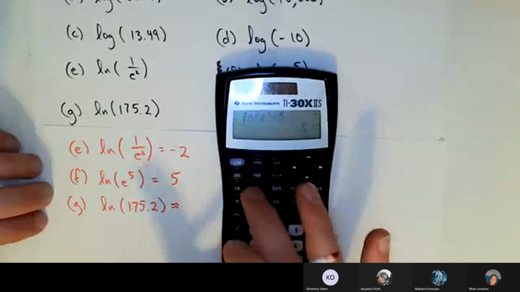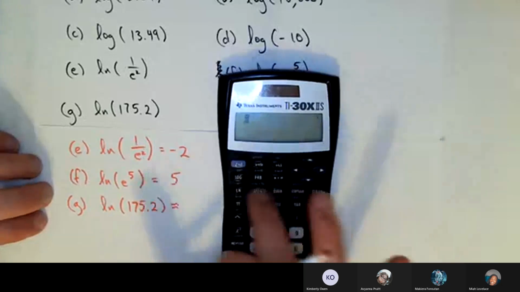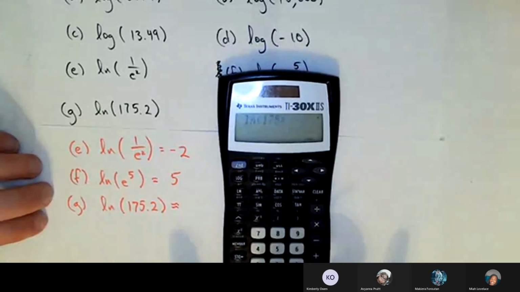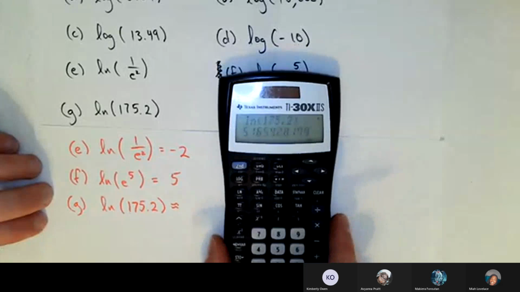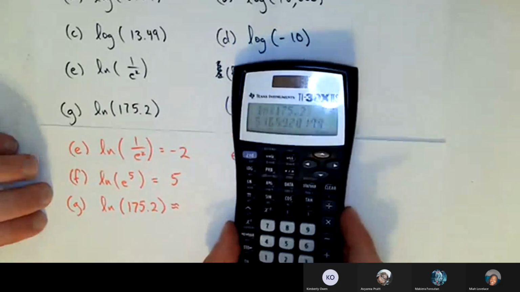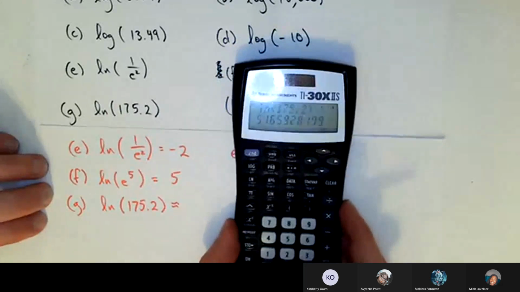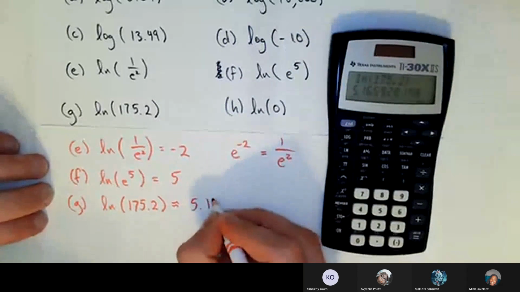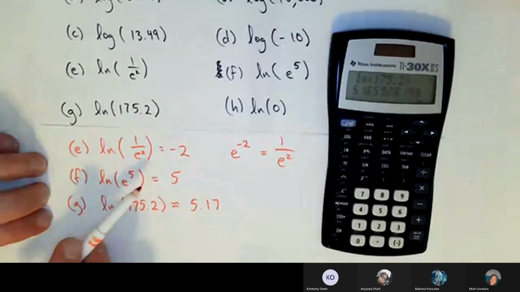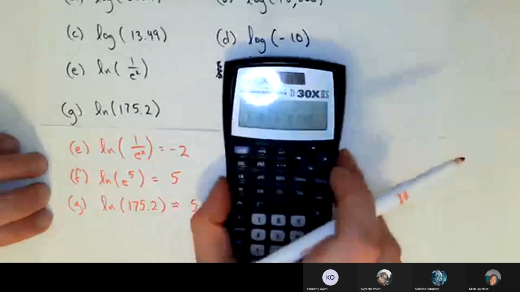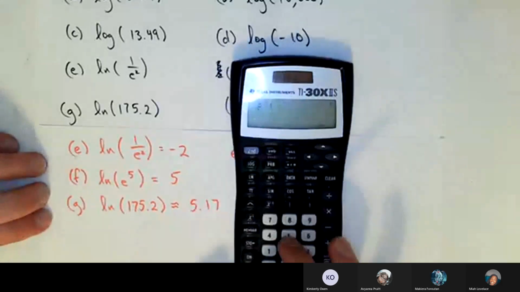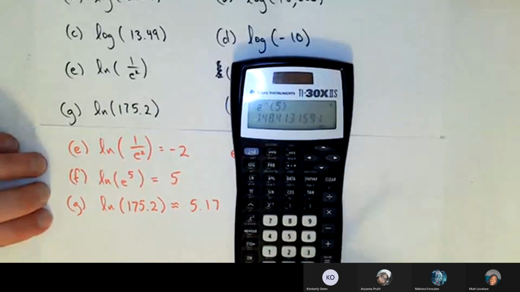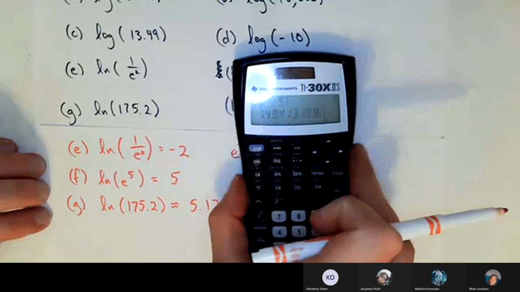So nothing to do, honestly, but just plug it into the calculator and see what it tells us. 5.17 when I round correctly. So apparently it's pretty close to e to the 5th. Let's see what e to the 5th is. e to the 5th is 148.4, so it's kind of close to 175, at least in the ballpark.